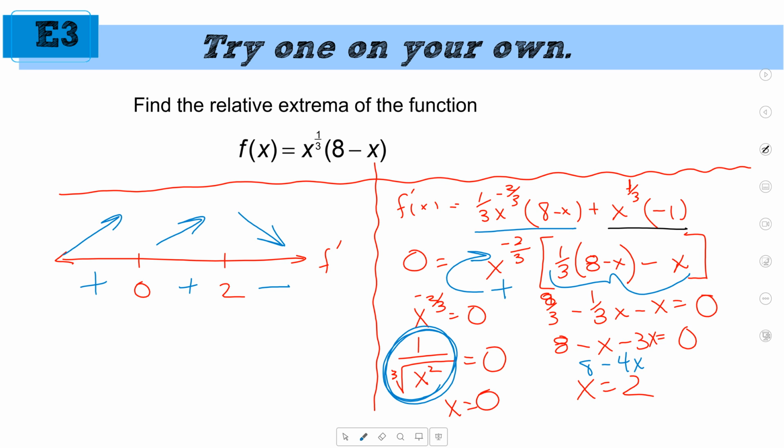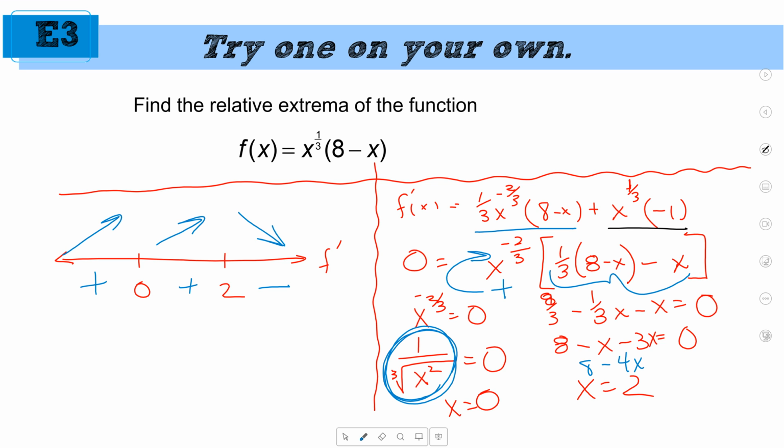Okay, does your graph match the first derivative number line? Yes. Does your graph match the first derivative number line, Sam?